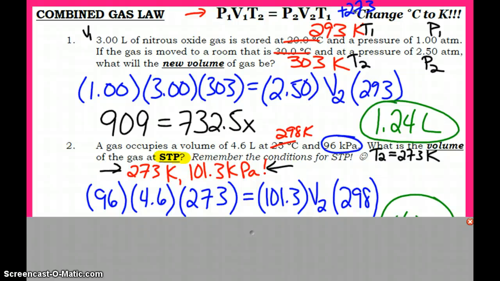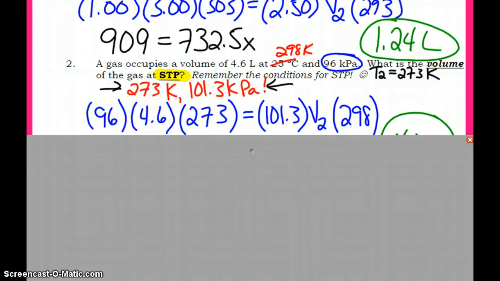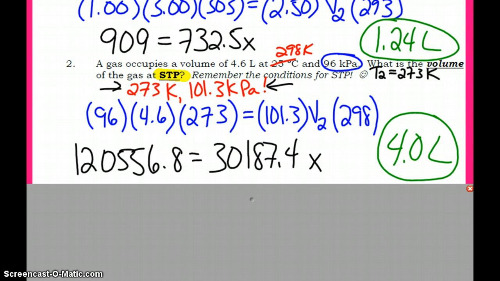That equals P2, V2 times T1, the 298. Multiply both sides, divide by the 30,000 number to solve for x, and that's how I get the 4.0 liters. So again, knowing those STP conditions can help us to figure out 2 missing variables in the problem.